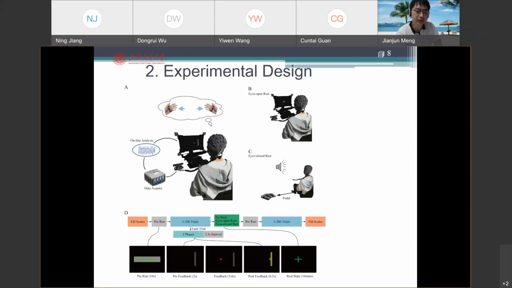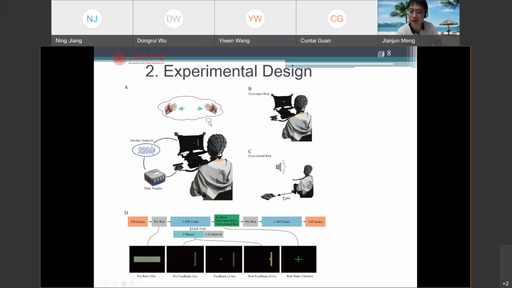And after that, each subject finished another 3 experimental sessions on different days, and the resting approach was arranged in a pseudo-random order. So that means 3 different resting conditions were designed as follows. In the no rest condition, in each experiment we have 400 trials.